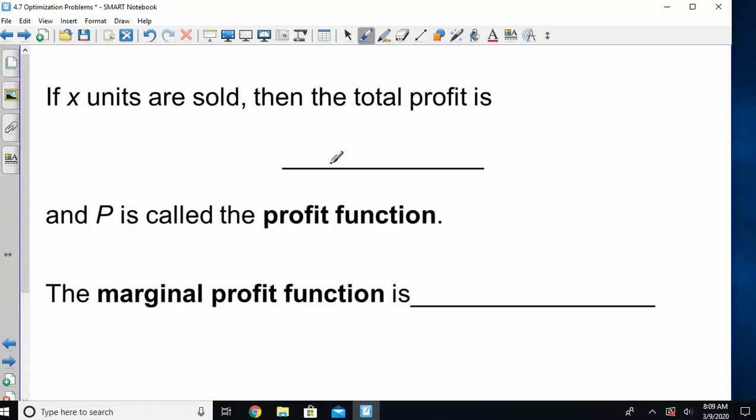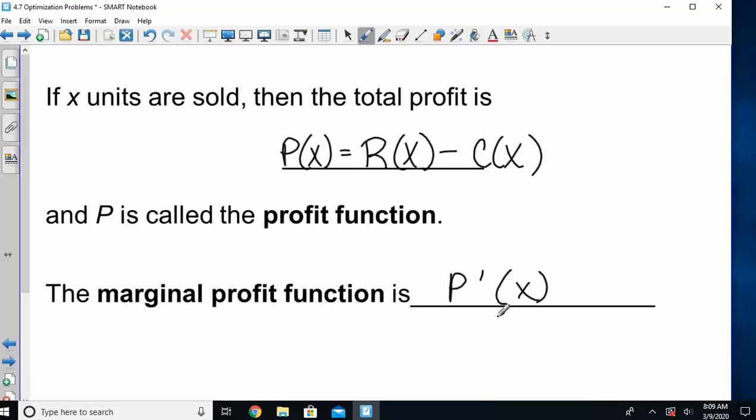Okay. The amount of money you're bringing in minus the amount of money you're paying out. So we usually use capital P for profit, and it is just the revenue minus the cost. Marginal profit, again, is just the derivative. If I talk about marginal anything, I'm referring to the derivative of those things.